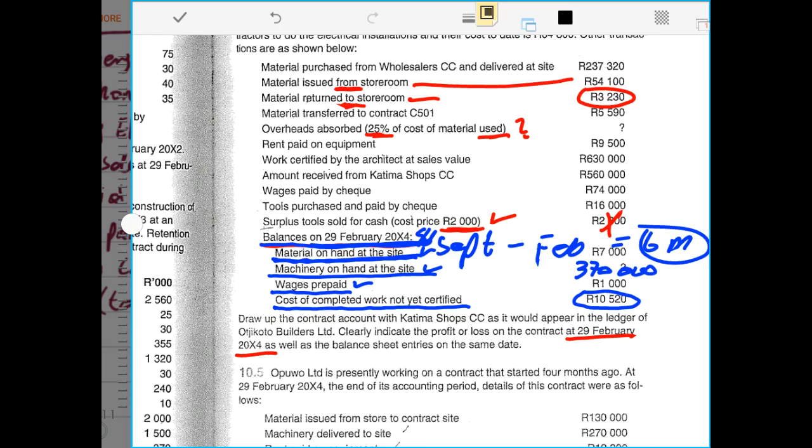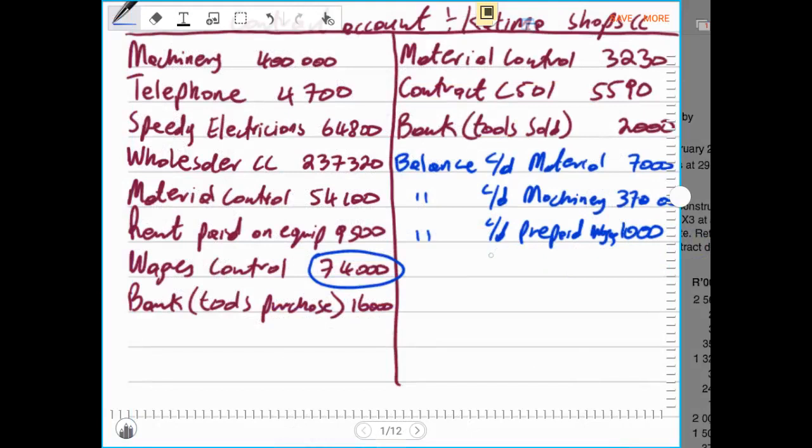So we have to take it out of the contract account, and we record that as an asset by the end of the period, because this is the cost of the work not yet certified. We record that also as a balance, because it will be recorded in the balance sheet, and the entry for that will be uncertified work.